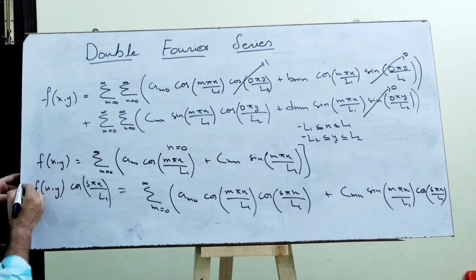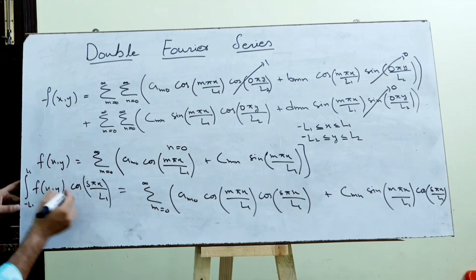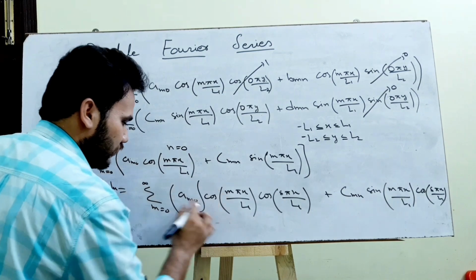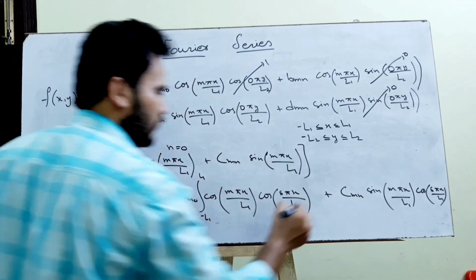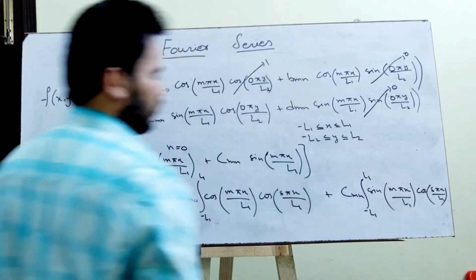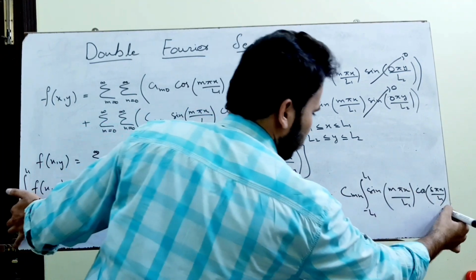Now integrating from negative L1 to positive L1 dx, this is a constant, so it will be outside, negative L1 to positive L1, and here again negative L1 to positive L1, dx and dx.